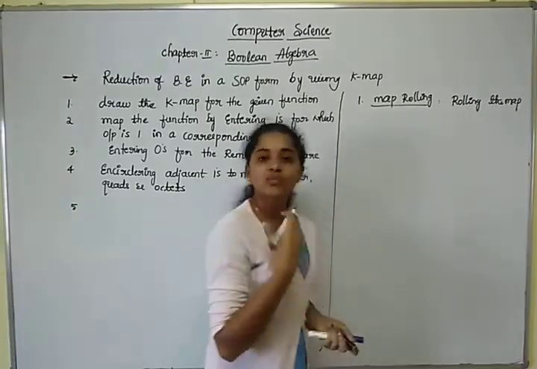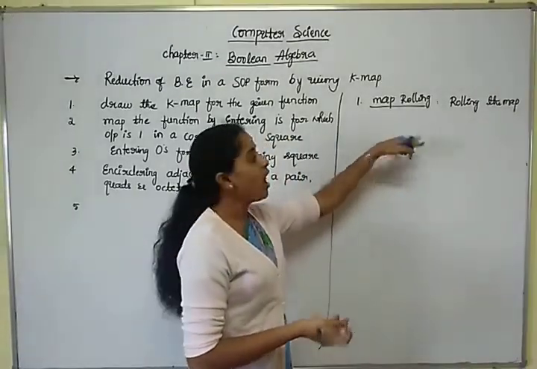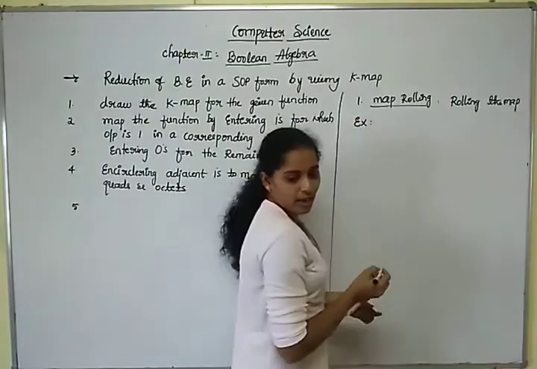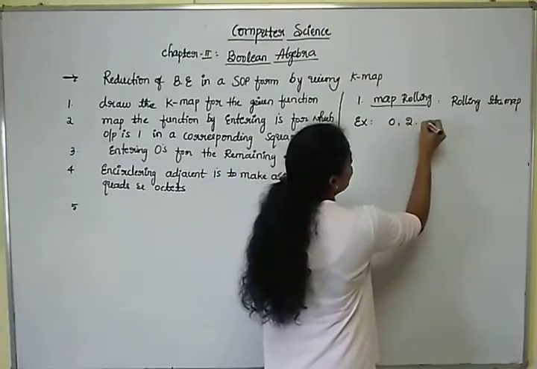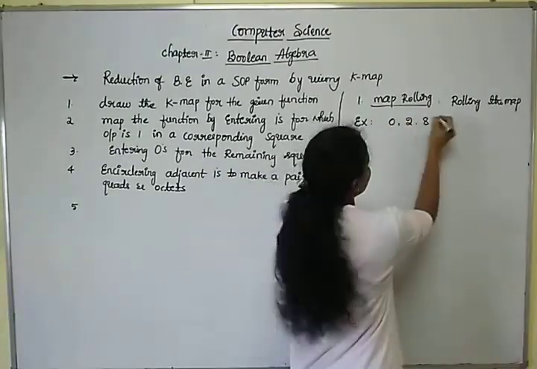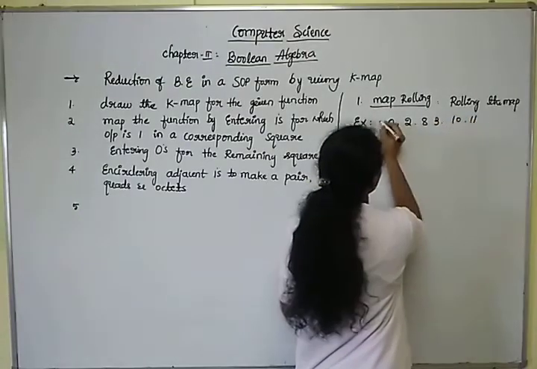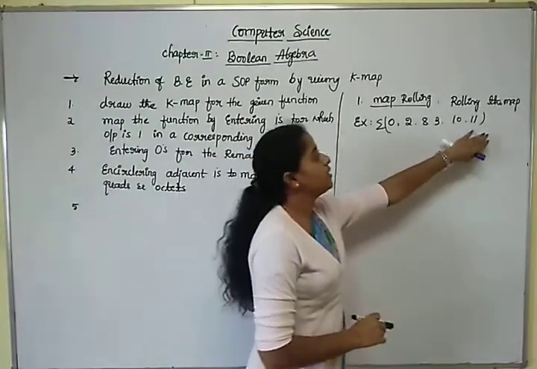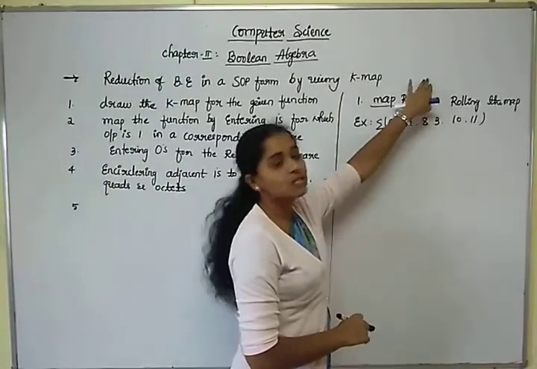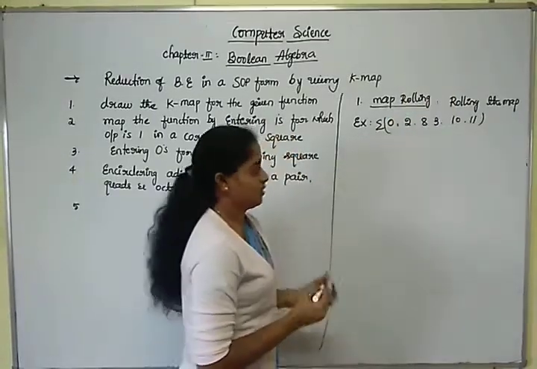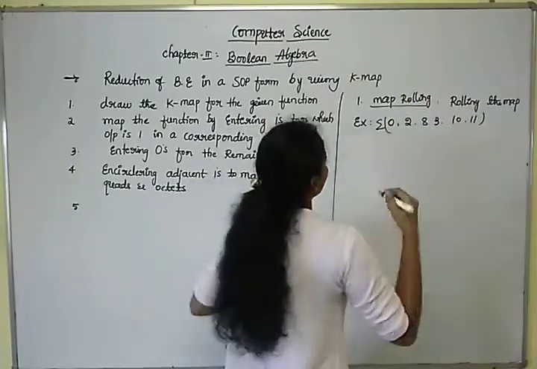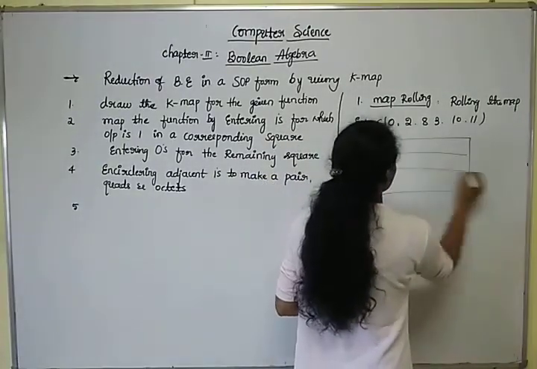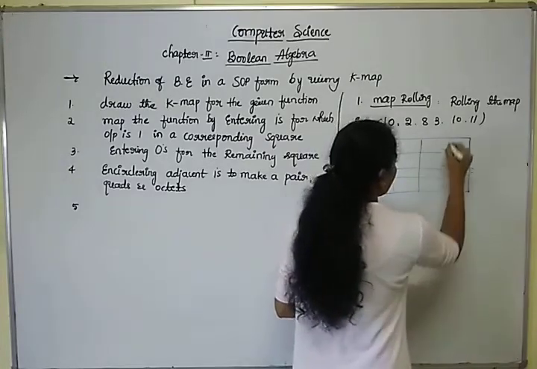Let us consider one example to understand how the map must be rolled. The example of map rolling is the function with minterms 0, 2, 8, 3, 10 and 11. Now let us see how the map is rolled for this given function. First, we have to draw the K-map. This is a 4 variable K-map.